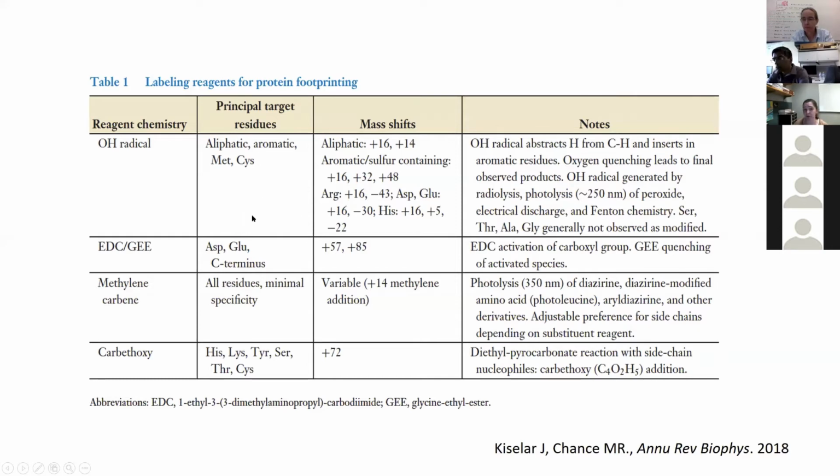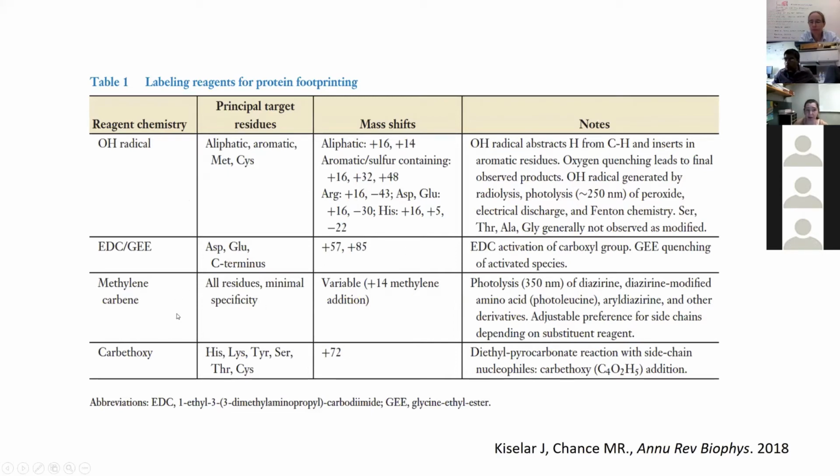So when a protein is too large, hydroxyl radicals usually don't work well because you see only methionine, tryptophans, very highly reactive residues, and you don't see anything else, you lose resolution. So with GEE labeling, you can increase this resolution basically by adding this chemical in different concentration and labeling protein more efficiently.